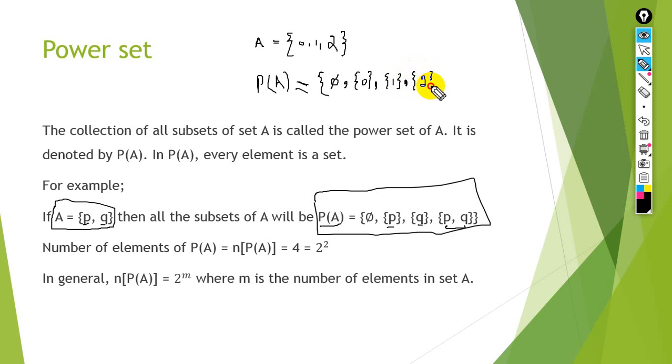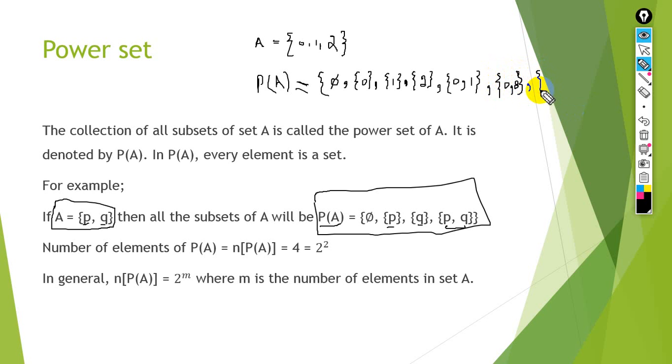Now I will take two elements in this set. First I will take 0 and 1, then 0 and 2. Next what will we have? This is a symbol of set.